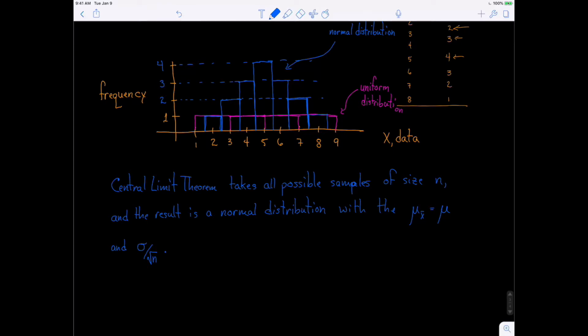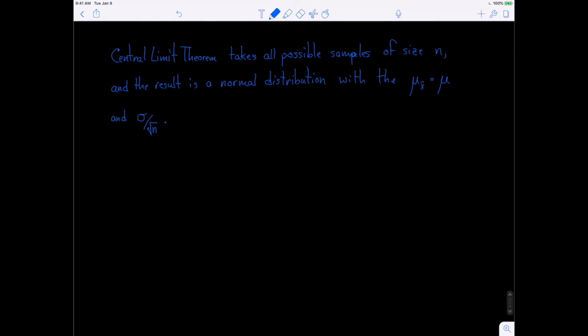And that is what we can use now to find any kind of problem from any kind of distribution. So let's try an example here.